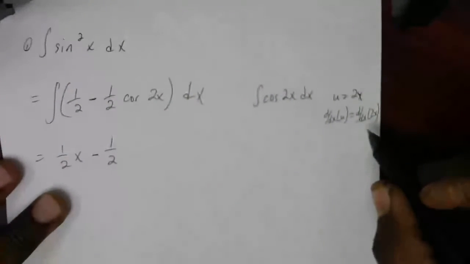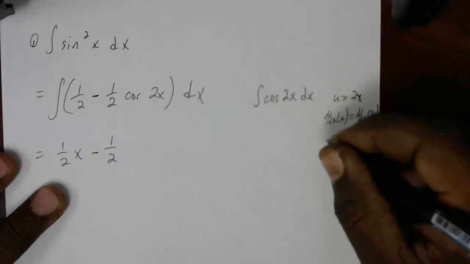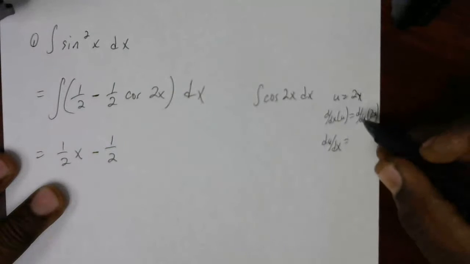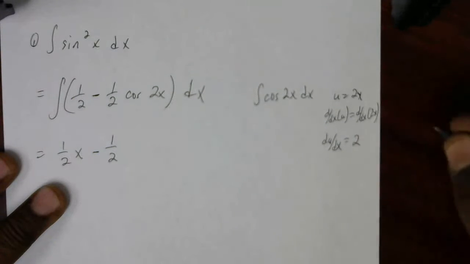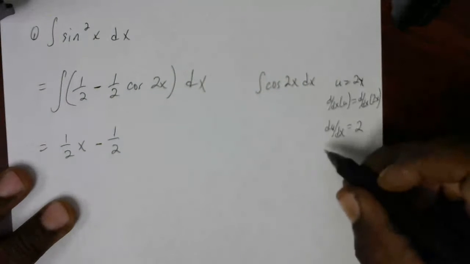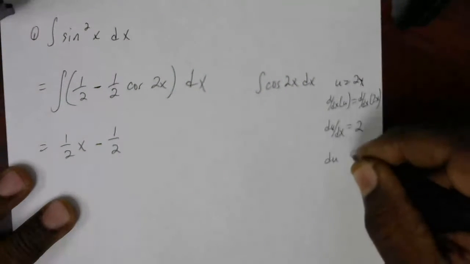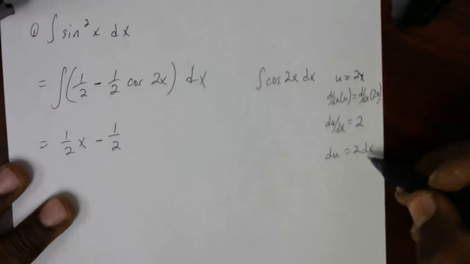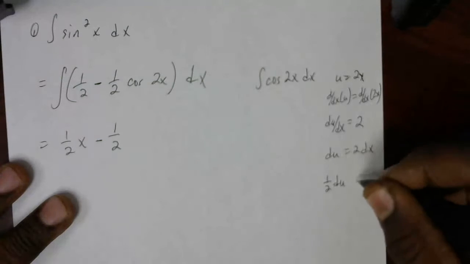On the left-hand side I have du/dx. When I take the derivative with respect to x of 2x, I get 2. I'm going to multiply both sides by dx, and in order to solve for dx, I'm going to divide both sides by 2.